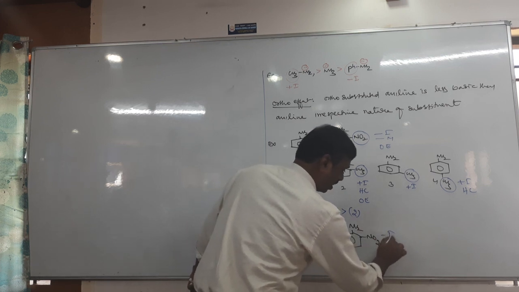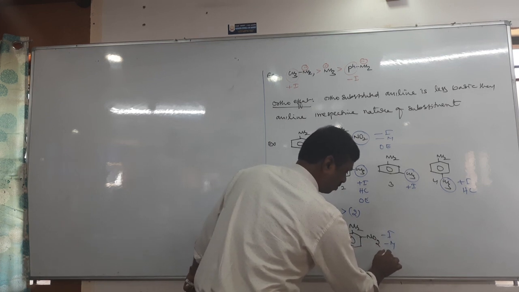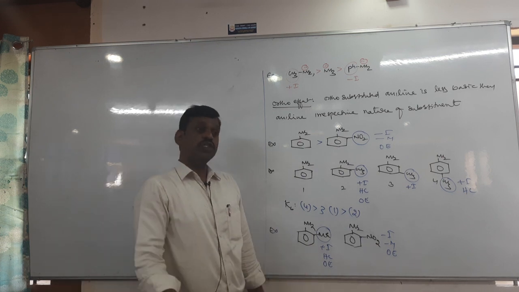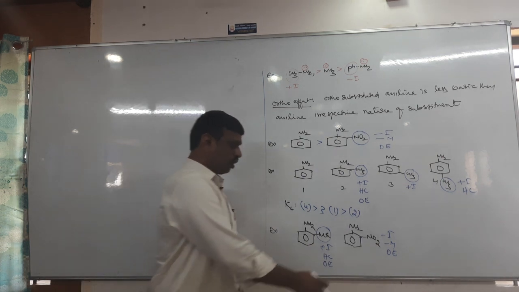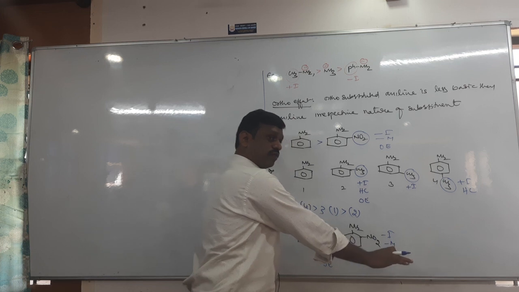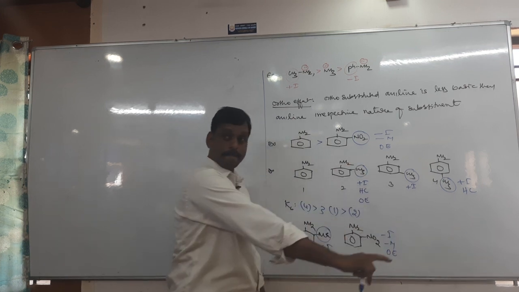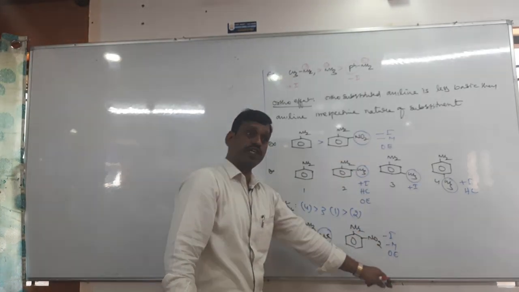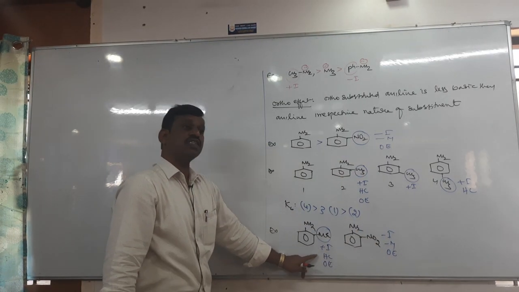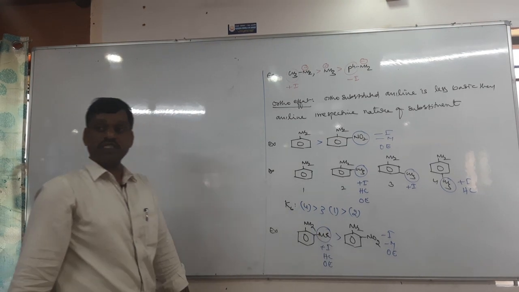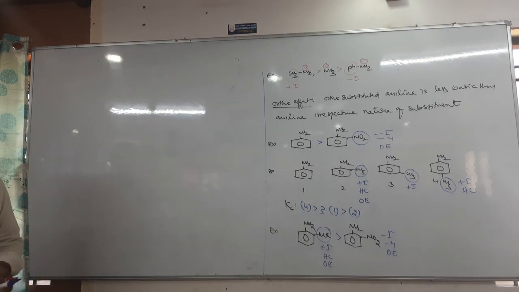Here there is minus I, minus M, and ortho effect. Then tell me, which is more? Now here all are electron withdrawing, right? All are electron withdrawing groups only. All decrease basic strength, but here these two effects increase basic strength. So the first one is more basic compared to the second one.